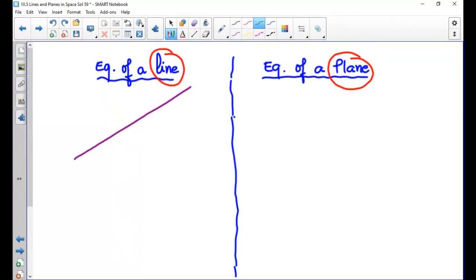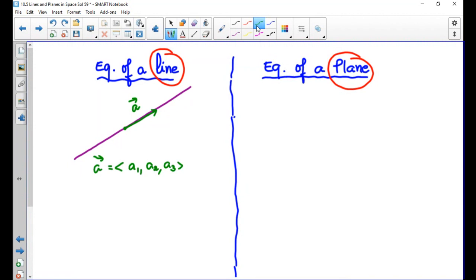You need to find the direction vector of this line. So vector A in the same direction as the line. So you need the vector A, which we will say is A1, A2, A3.